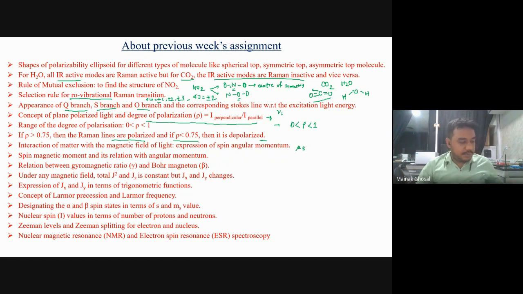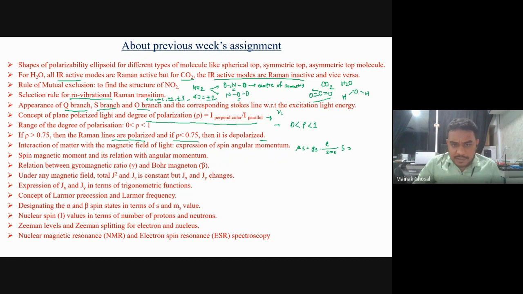So spin angular momentum, what is the formula? The spin angular momentum is described in terms of mu s, and mu s can be defined as g s into e by 2 mu into capital S. And from that, you know the relation with angular momentum S, which was discussed already.